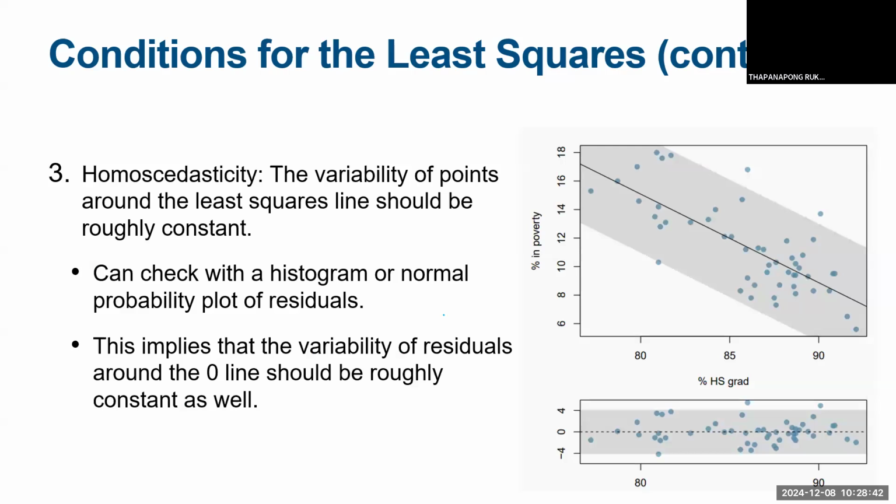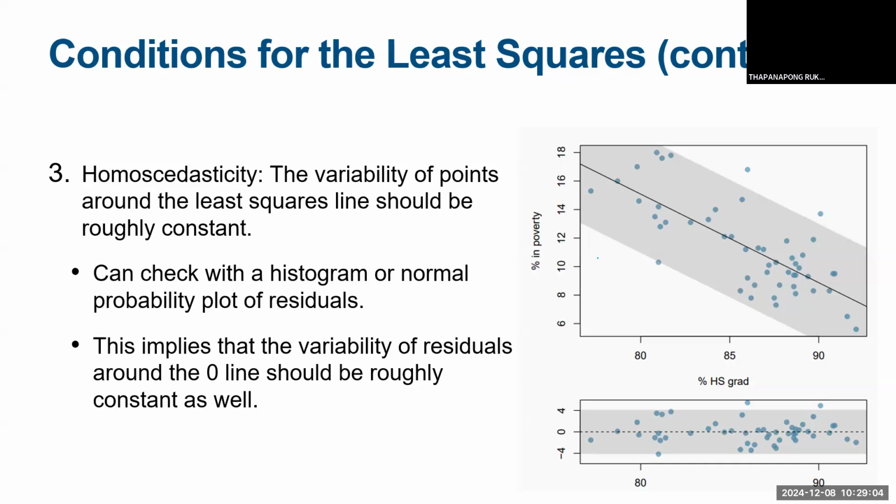The third one is homoscedasticity. This is where the variation of the points along the line should be roughly constant. So what do I mean by that?